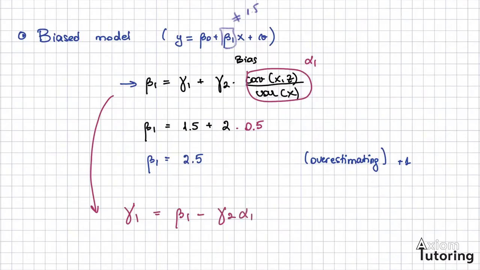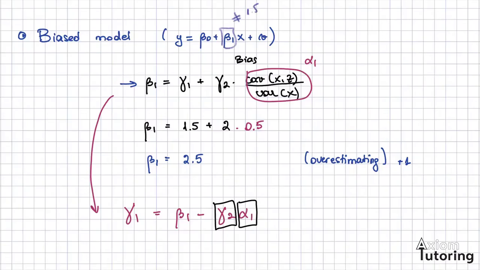That shouldn't throw you off overall. The size of the bias depends on how important z is, our gamma 2, and how strong or weak the correlation between x and z is, meaning this alpha 1.